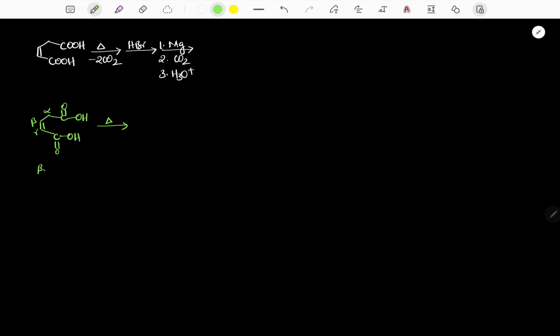So it is a beta gamma unsaturated carboxylic acid. So it undergoes decarboxylation and gives the corresponding product like this: alpha beta double bond, beta gamma single bond, and COOH.